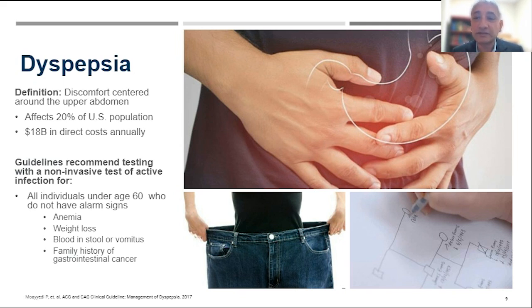The expenses associated with dyspepsia are huge. It's one of the most common reasons individuals seek medical attention. It's one of the most common diagnoses that bring patients to their primary care physicians, to urgent care, or to the emergency room. The estimated costs of dyspepsia are about $18 billion in direct costs.